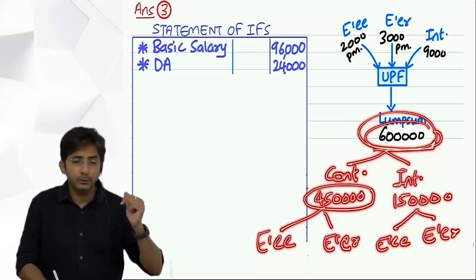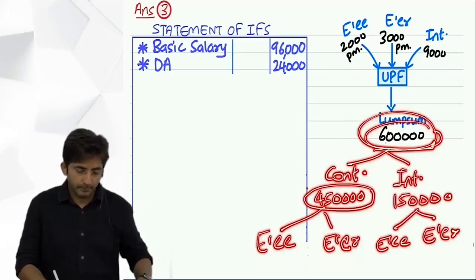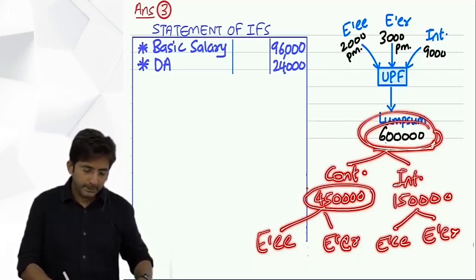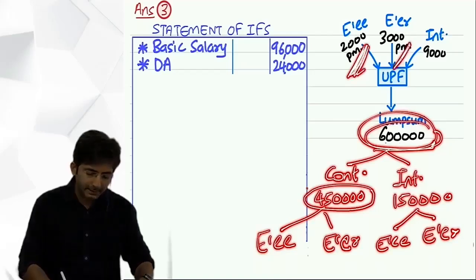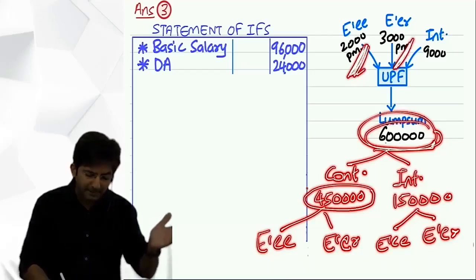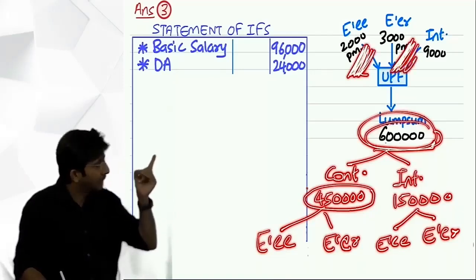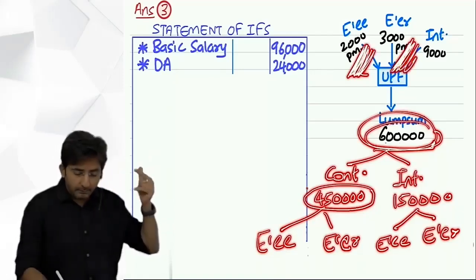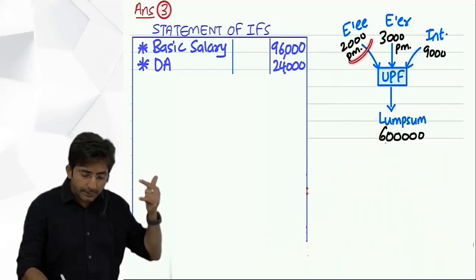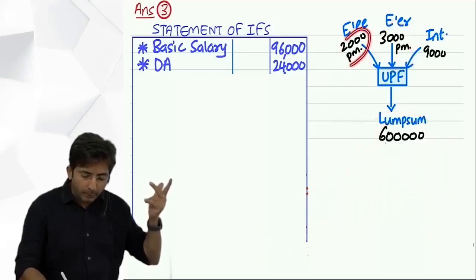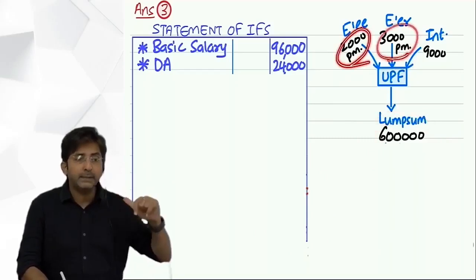But in what ratio? Yes, this ratio. Look at this. See, my iPad will get damaged. 2,000, 3,000 will determine the ratio that employee and employer have been contributing in the ratio 2:3.